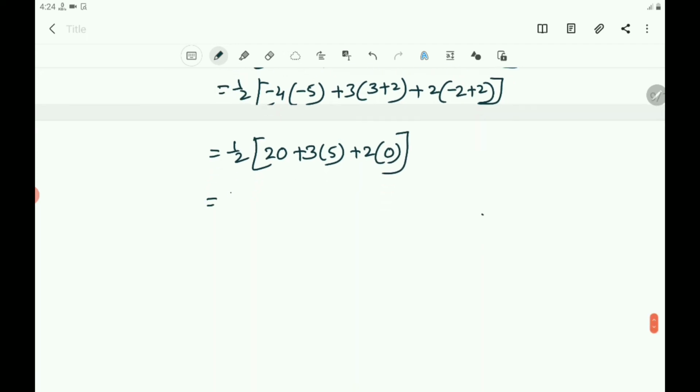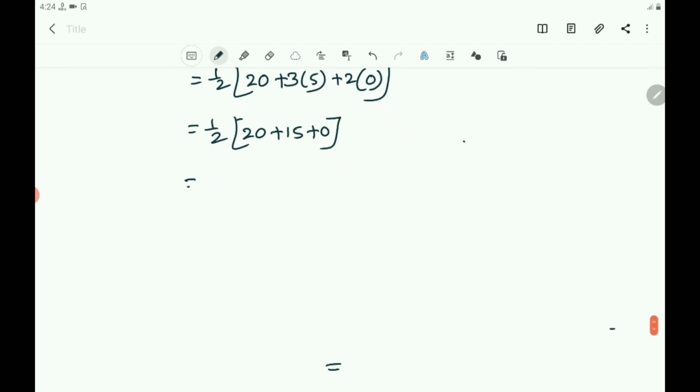That equals 1 by 2 into 20 plus 15 is 35. So you got 35 by 2, that equals 17.5 square units.